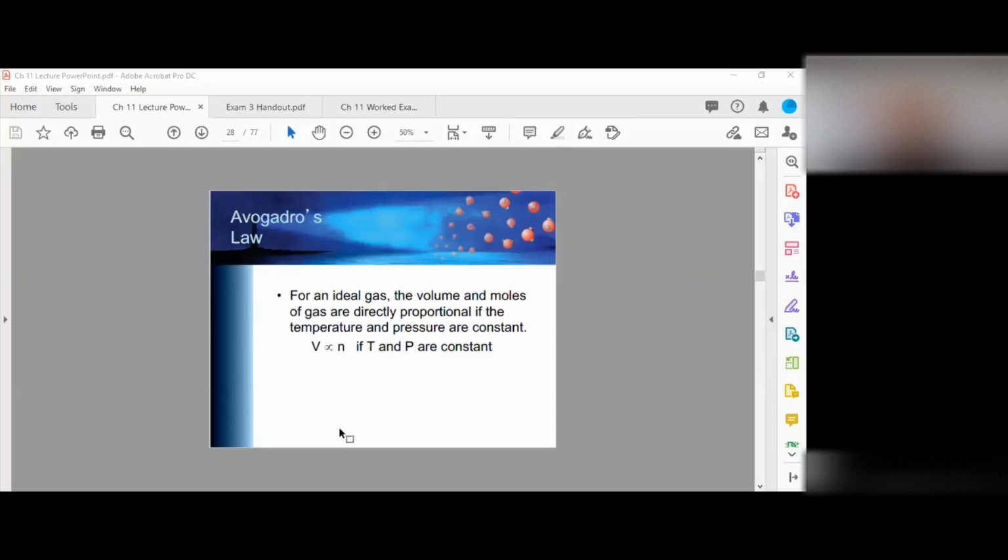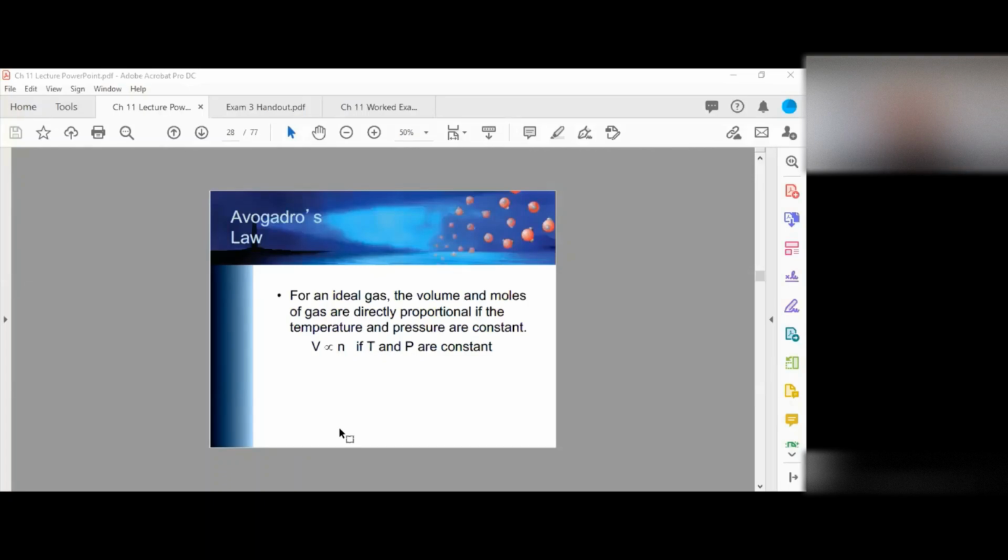This same exact scientist came up with a study finding that there is a relationship between volume and amount, keeping the temperature and pressure constant, and the relationship is direct, meaning increasing the amount of gas will occupy a larger space, which is volume.